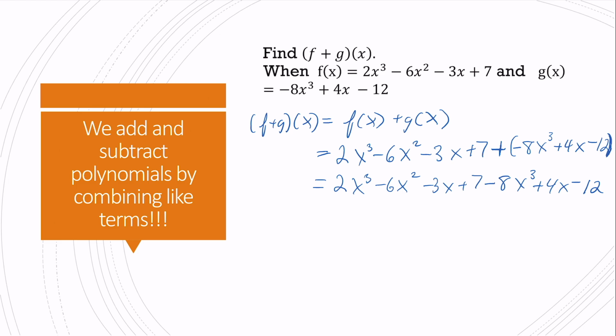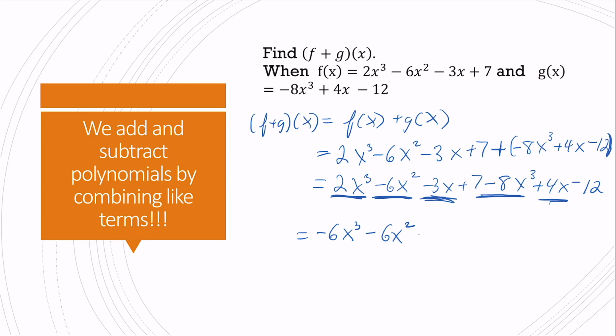What I like to do is keep track of the terms I'm adding by underlining them. So I have 2x cubed minus 8x cubed. That gives me negative 6x cubed. I have negative 6x squared. That's my only x squared term. I have negative 3x and 4x.